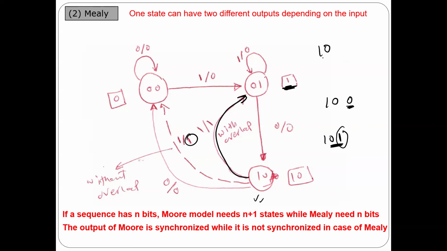Once you receive 1, 0, and then I receive 1, in both cases I have to output 1 because I have already received the sequence. But overlapping or not depends on whether I should go to the initial state to look for another 1, 0, 1, or you are going to come to here because you already have 1 and you want to take this 1 as a part of the new sequence.